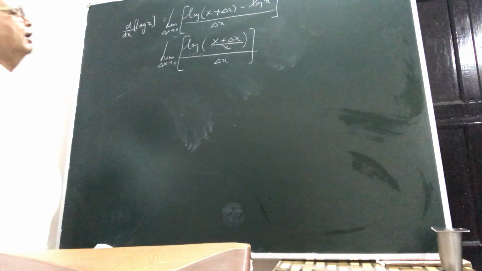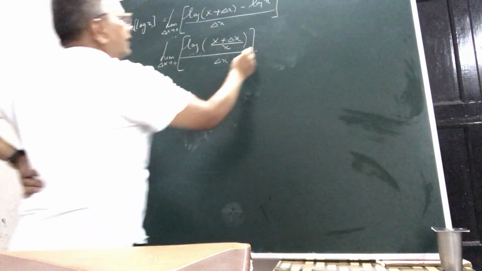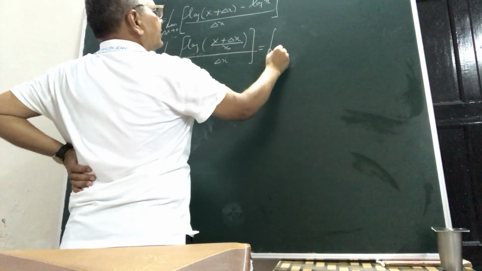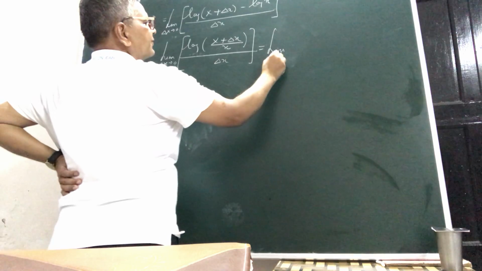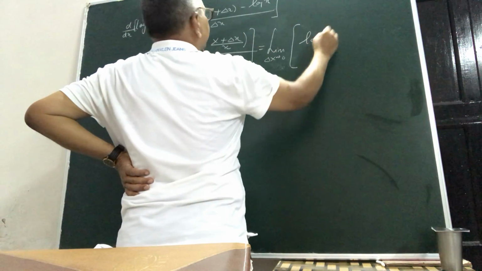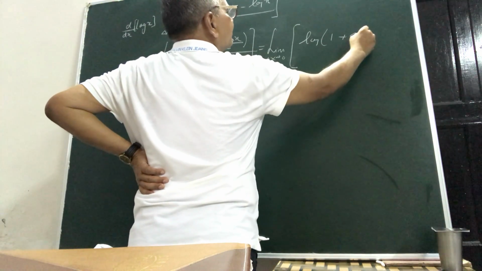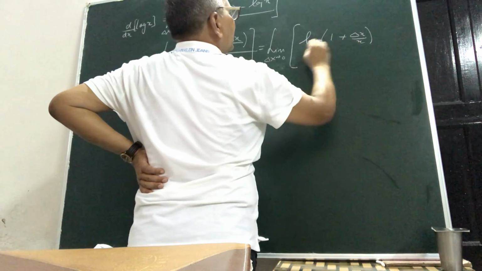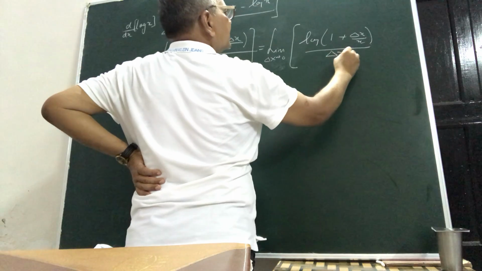When we open it, we get the limit as delta x tends to 0 of log of 1 plus delta x upon x, upon delta x.